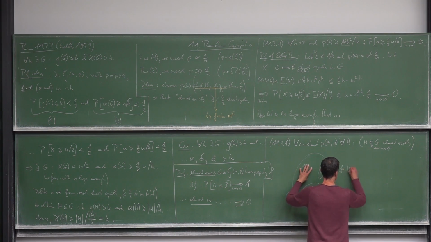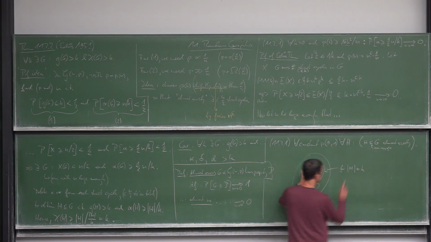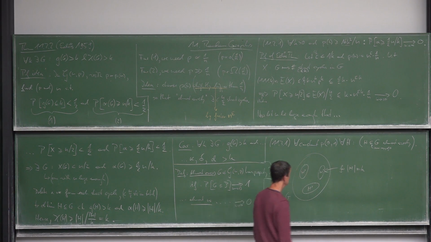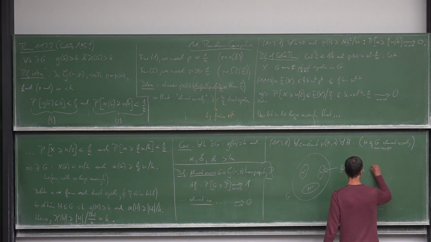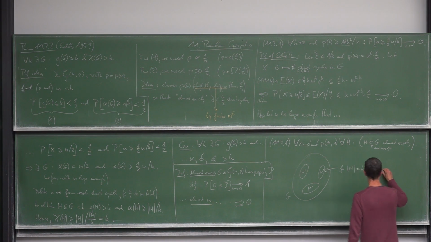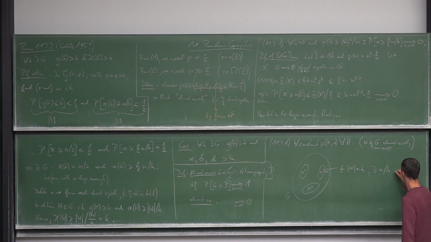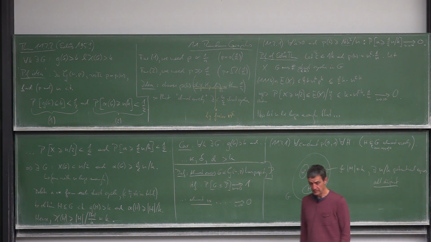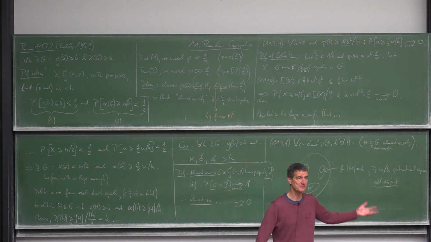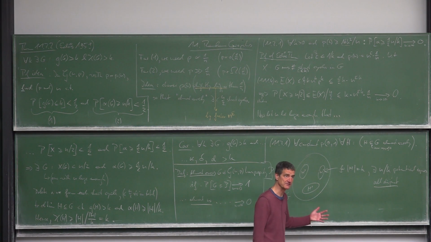But for H of order k, there are n over k potential copies, all disjoint. And since they're all disjoint, the probability that they all fail is the product of these probabilities that they fail, that each of them fails.